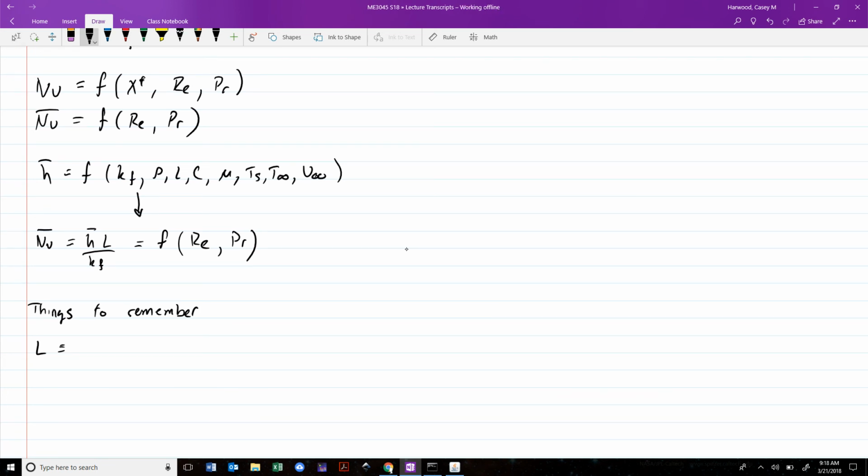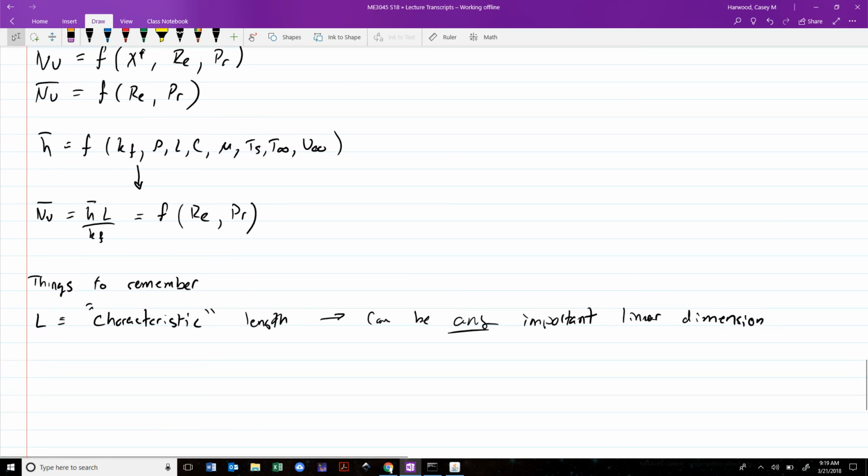L is our characteristic length, which means it can be any important linear dimension of the problem that we're considering. I said this earlier, but it bears mentioning again.